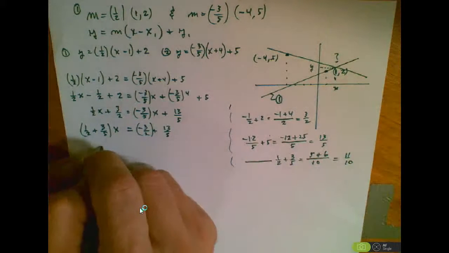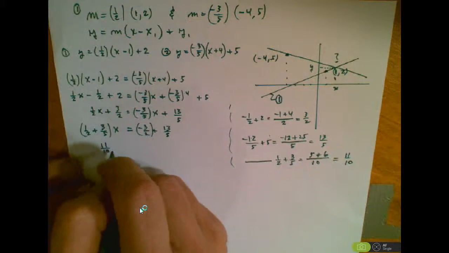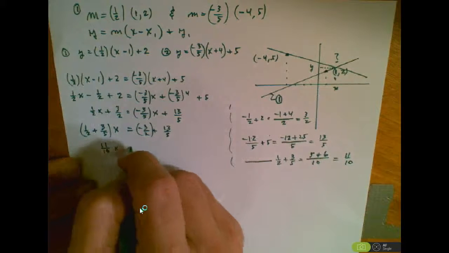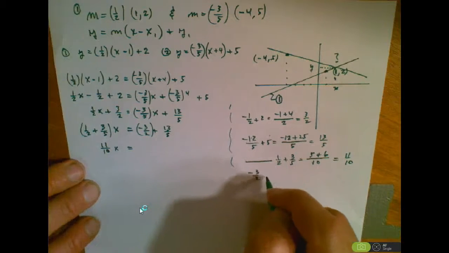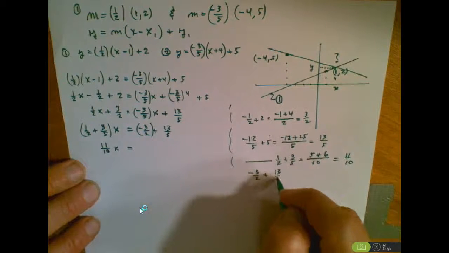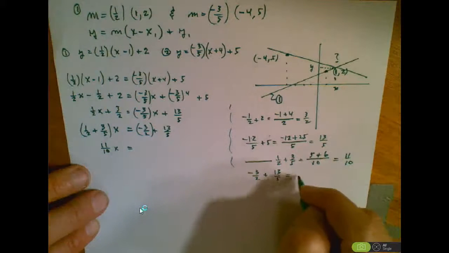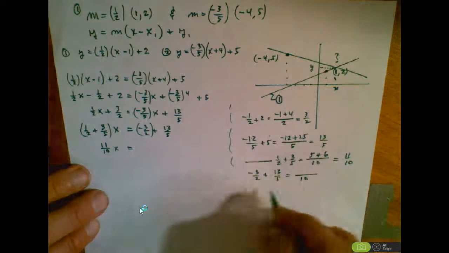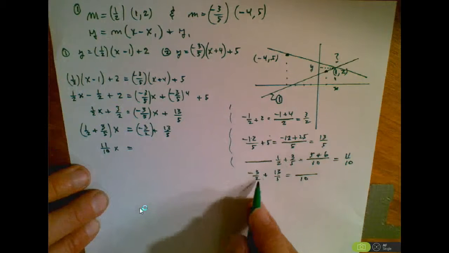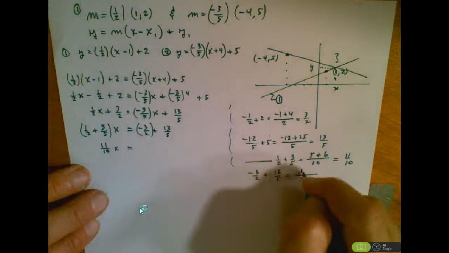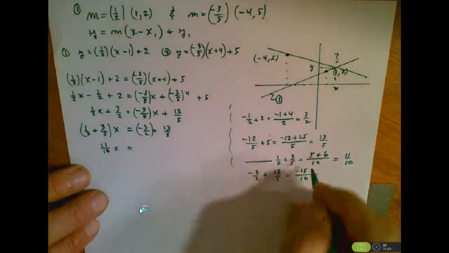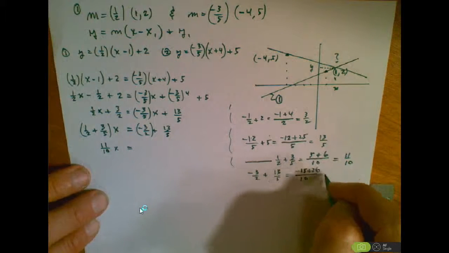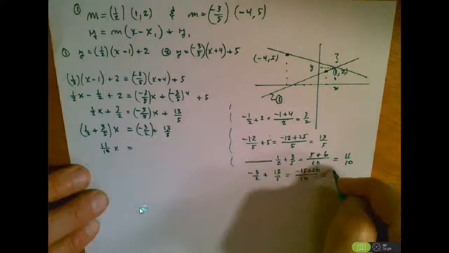I can bring that here and put 11/10 x equals, and now I'm going to say -3/2 plus 13/5 is equal to, again, a common denominator of 10. I need to multiply this one by 5/5, so I get -15 here. And I need to multiply this one by 2/2, so I'll add 26.